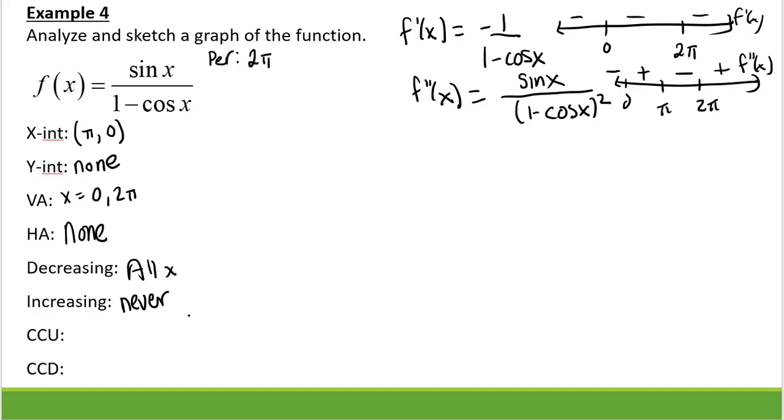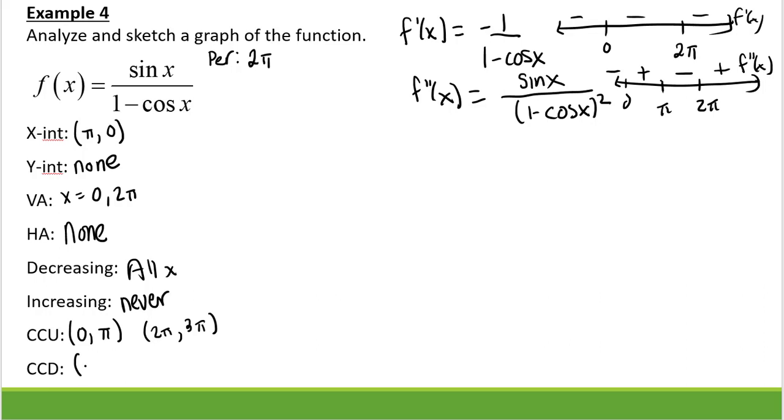So I'm concave up from 0 to pi, and I'm concave down from 2 pi to 3 pi. And remember, it keeps repeating every 2 pi.